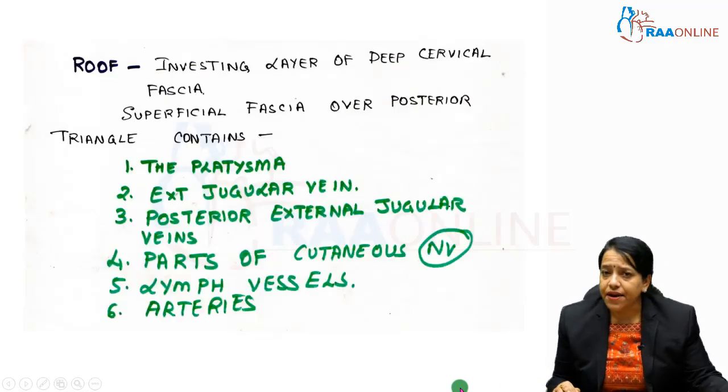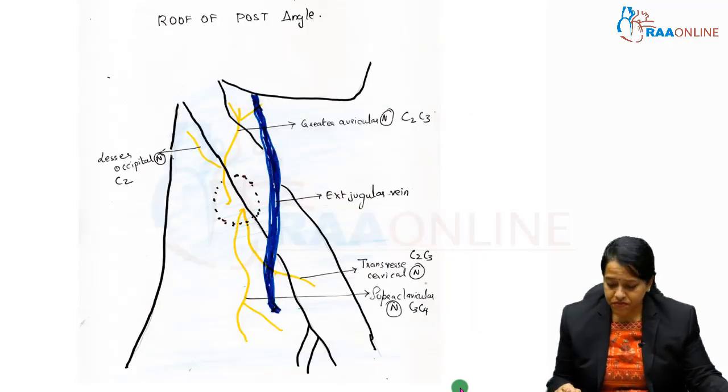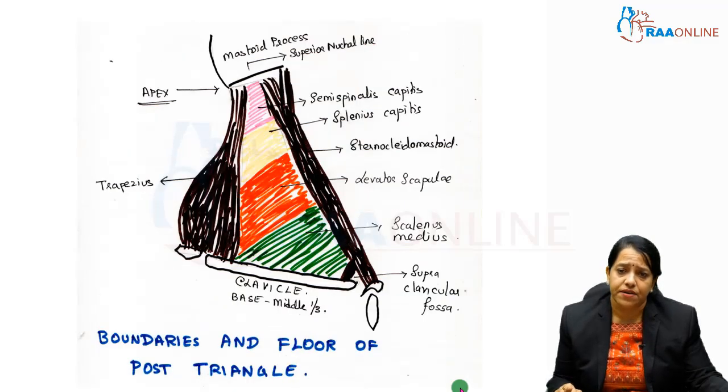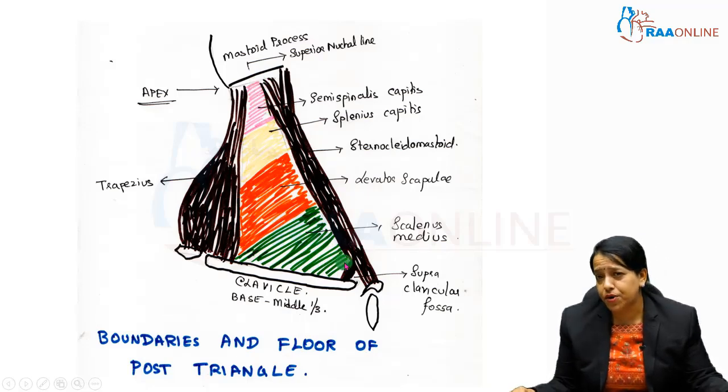So let's see the diagram to understand the boundaries of the triangle. You can see over here anteriorly, this is the sternocleidomastoid muscle. So the posterior border of sternocleidomastoid is forming the anterior boundary of the posterior triangle.